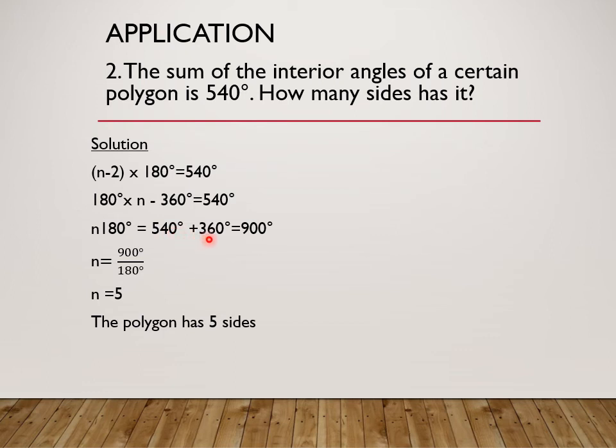If you add 360 degrees to both sides of the equation, this one will disappear, and you have 540 degrees plus 360 degrees. That added together gives 900 degrees. So if n times 180 degrees equals 900 degrees, n will be 900 degrees divided by 180 degrees. If you do that correctly, your n should be 5. Therefore, the polygon has 5 sides.